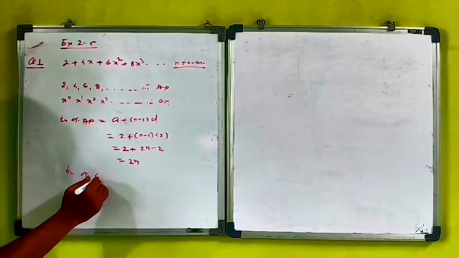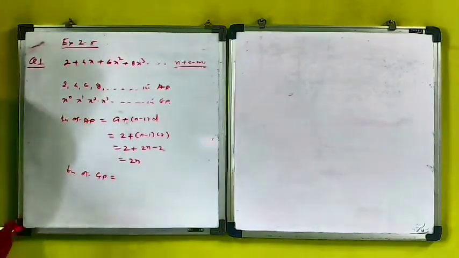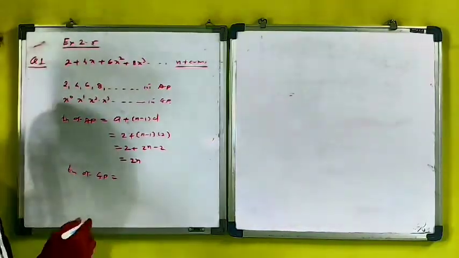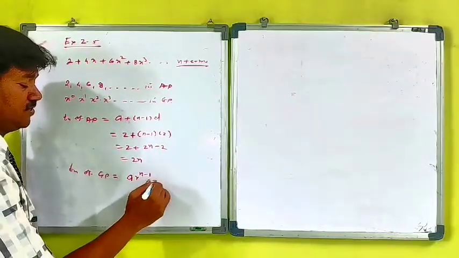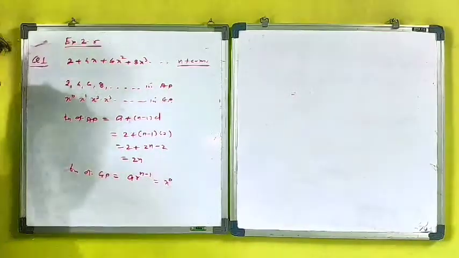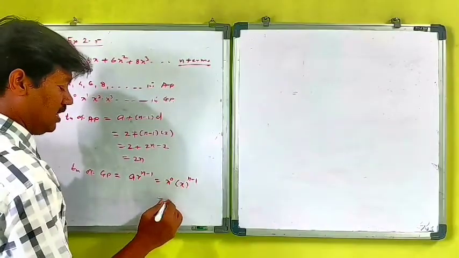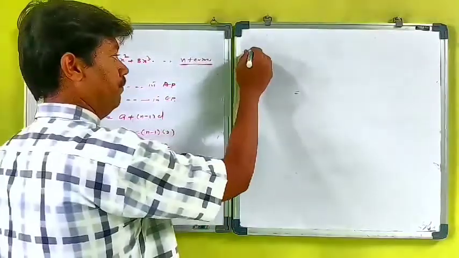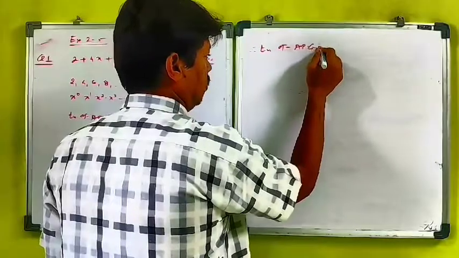Tn of GP is, x to the 0 straight away, the first term, because it is a r raised to n minus 1. So a is the first term, it is x to the 0. r is x. So it is x to the n minus 1. Therefore, Tn of APGP is equal to what?